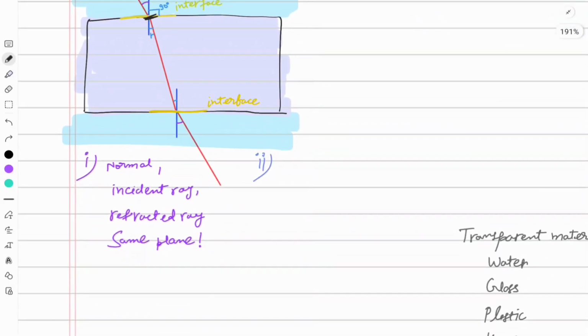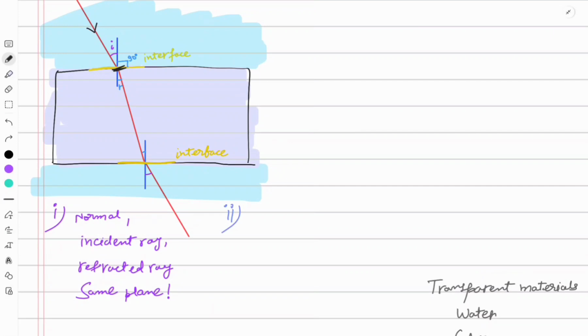Now let's move to the second and the important rule of refraction. The first rule is something that you just have to remember, and it's easy because a similar rule exists in reflection. The second rule is quite important.